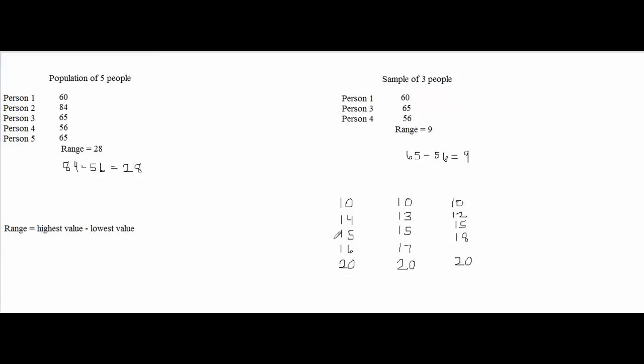So as we go from this list to this list to this list, we're seeing more and more dispersion between these 3 middle numbers. Right here, the 3 middle numbers are 1 apart. Here they're 2 apart, and here they're 3 apart. And in all 3 sets of numbers, the other 2 numbers are 10 and 20.